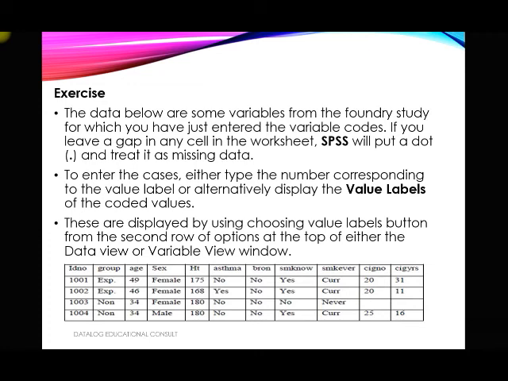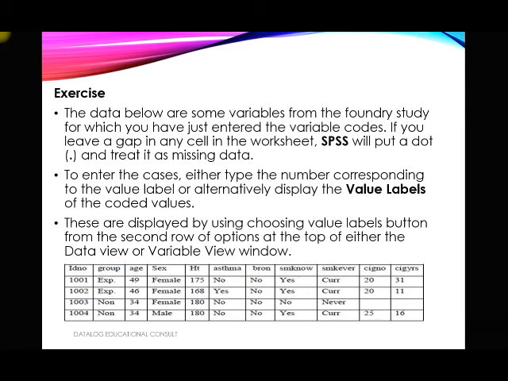Exercise 2. The data below are some variables from the foundry study for which you have just entered the variable codes. If you leave a gap in any cell in the worksheet, SPSS will put a dot and treat it as missing data. To enter the cases, either type the number corresponding to the value label, or alternatively, display the value labels on the coded values.